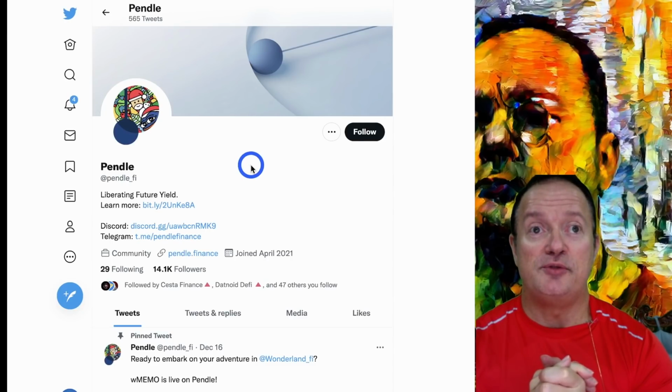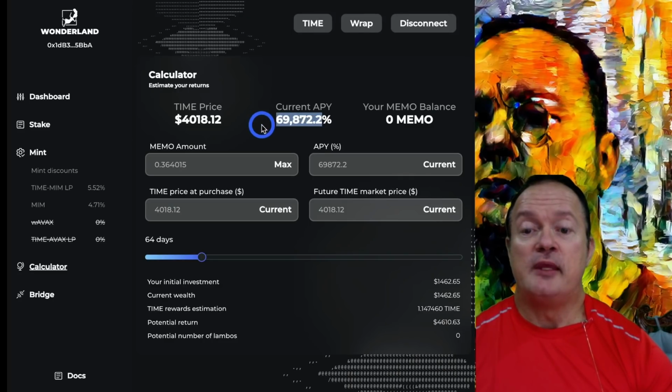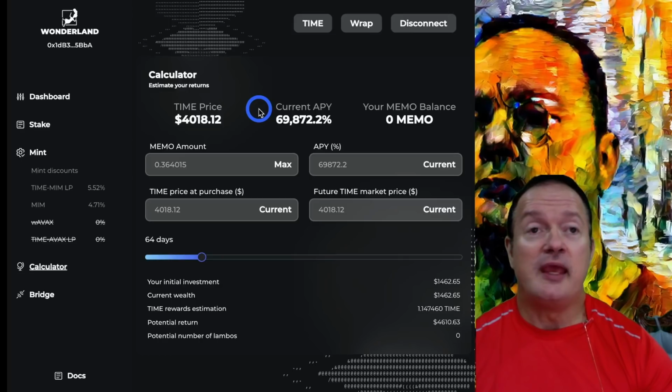The one we're going to use today is Wonderland. So if we look at Wonderland right now, we can get a very juicy 69,000%, which is not bad at all. But using Pendle, we can increase this to about 100,000%.